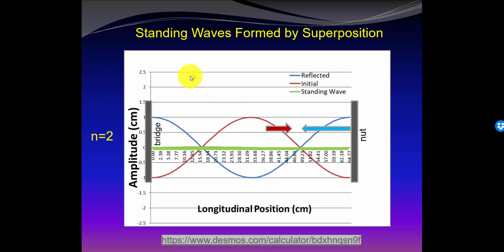So how does a standing wave form by the superposition of traveling waves? Well, essentially they occur because the waves bounce at the bridge and nut. So for example, here's an initial wave, and when it reaches the nut it bounces back with a reflection, and that reflection is out of phase compared to the incoming waves.